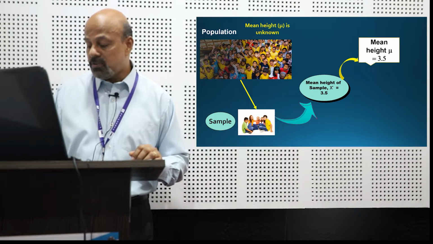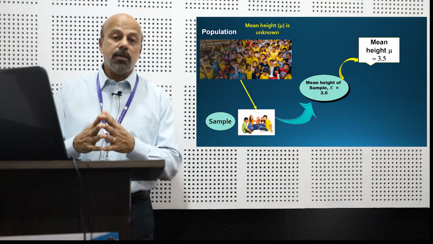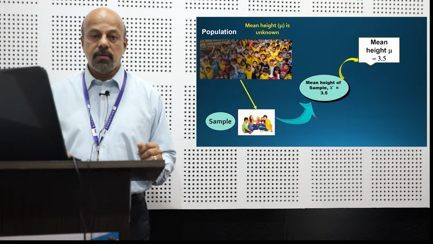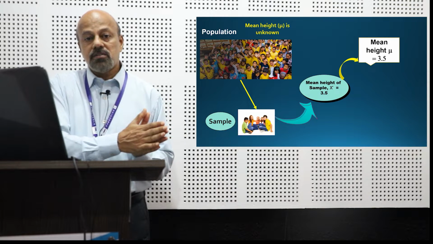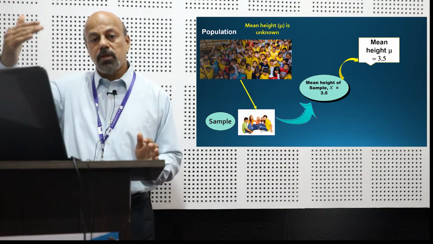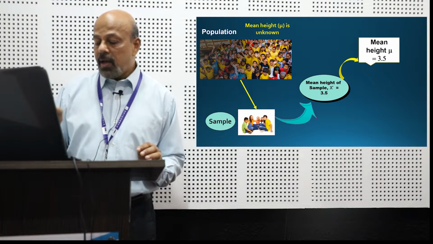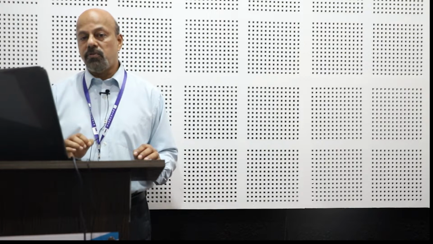We say that the mean height of the population is 3.5. We know the statistic is 3.5, and we say the population parameter is also 3.5. This kind of estimation is called point estimation, because we are stating a specific point.